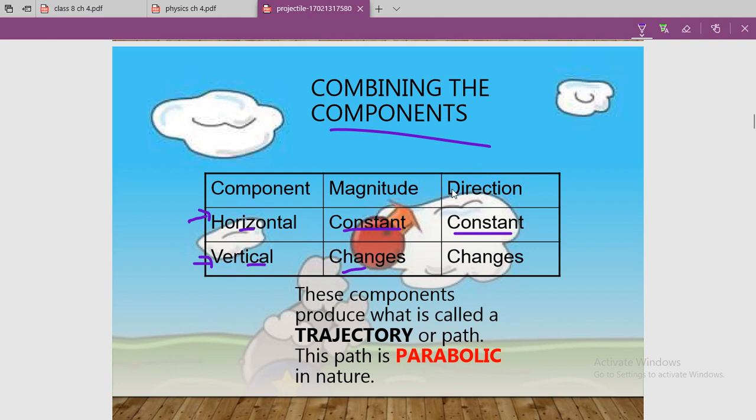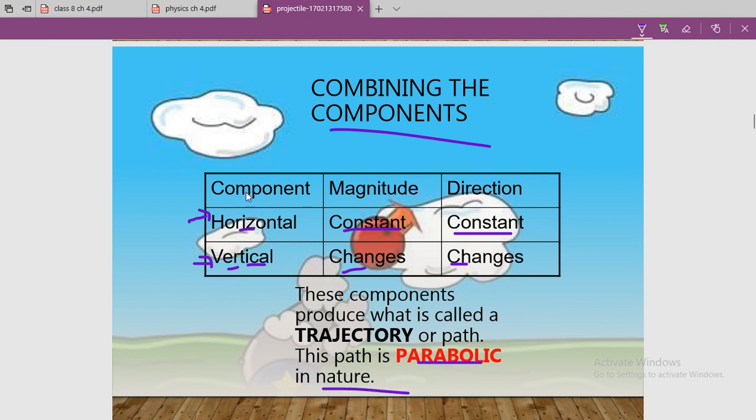The direction of the vertical component changes: when the projectile is moving upward, its direction is opposite to the gravitational attraction, and when moving downward, its direction is the same as the gravitational attraction. These components produce what is called a trajectory or path. This path is parabolic in nature.